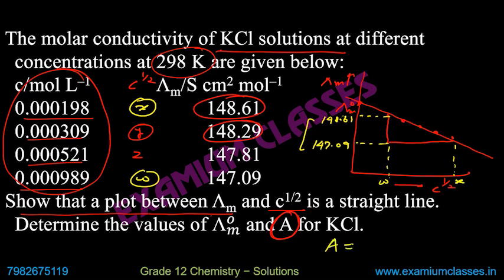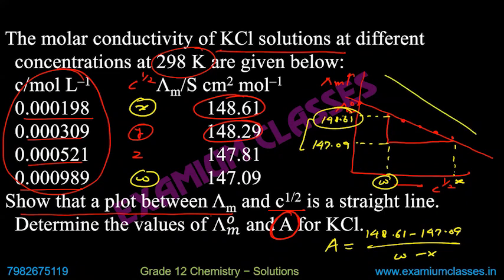The slope will be y2 minus y1, that is 148.61 minus 147.09, divided by w minus x, because 148 corresponds to w, so that's why w first. And because w is less than x, it will come out to be negative. And you know that the slope of this line, which is of this shape, is negative. Yes, Dev, y2 minus y1 over x2 minus x1, that's what you will use for slope.